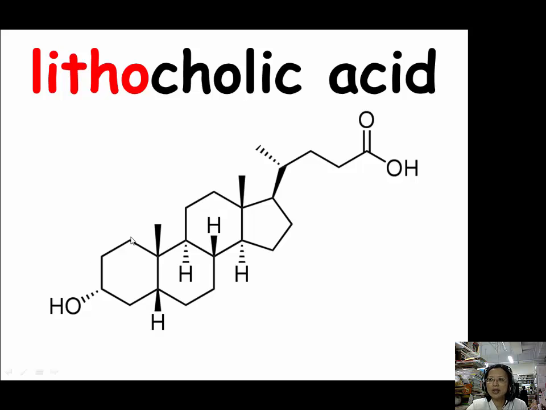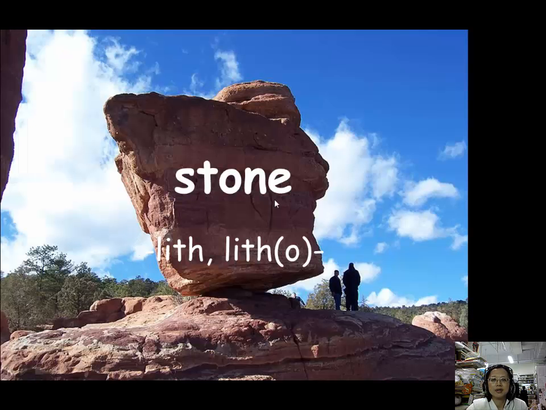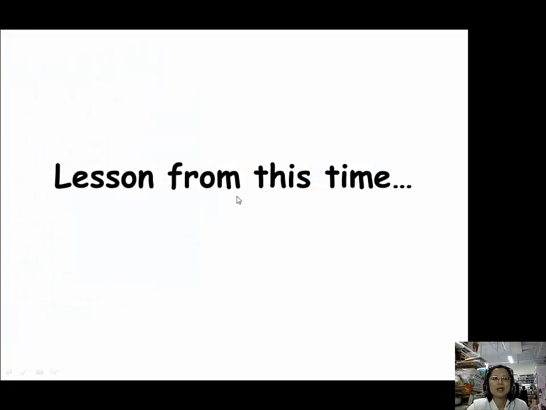Some of the lithocholic acid is absorbed and forms conjugates with glycine and taurine. So let's review what we just did. For stone, we use lith, L-I-T-H, the suffix, or litho, L-I-T-H-O, which is a prefix.